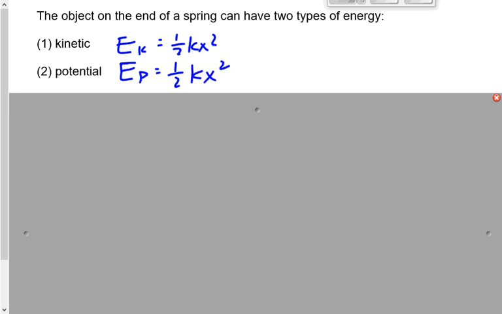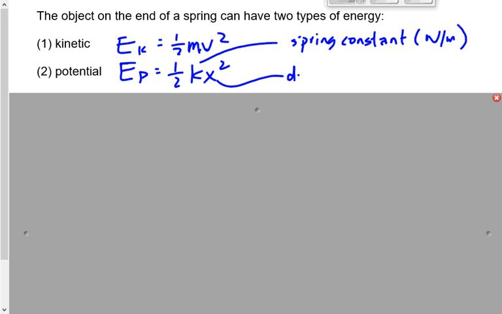Sorry, the kinetic energy should be 1/2 mv squared, and the potential energy should be 1/2 kx squared. k being the spring constant in newtons per meter. Sometimes we would call it an elastic constant if we're doing this for an elastic, same equation. x would be the displacement. Not how far it moves across the room, but how much it's stretched by, or how much it's squished by.